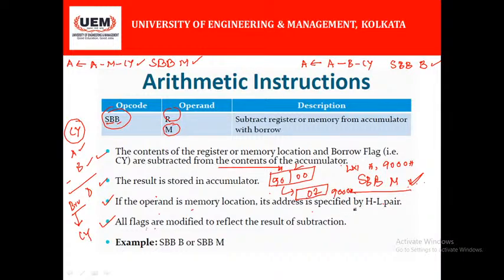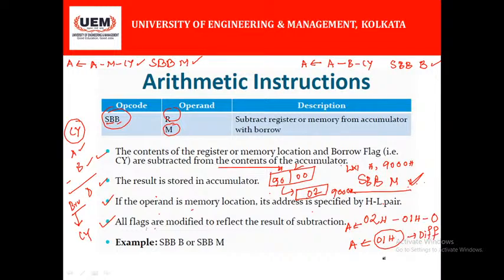Now we are subtracting from the accumulator. Say the value of the accumulator is 02, the value of M at 9000 location is 01H, and the borrow flag is, suppose, 0. Then we perform the operation and store the result in the accumulator, and the accumulator value will be 01H.